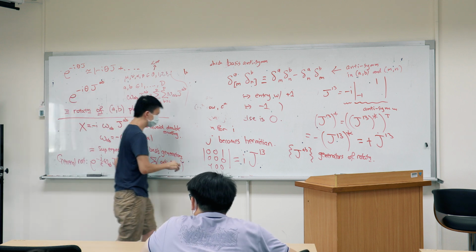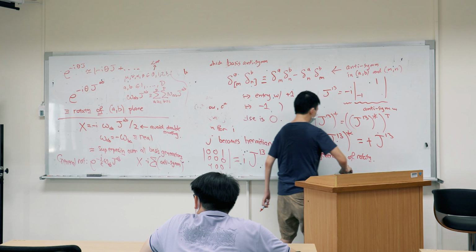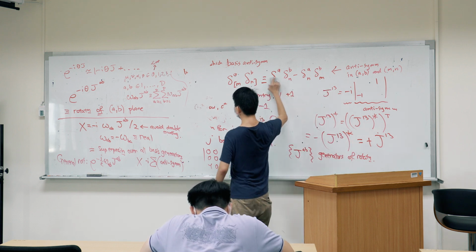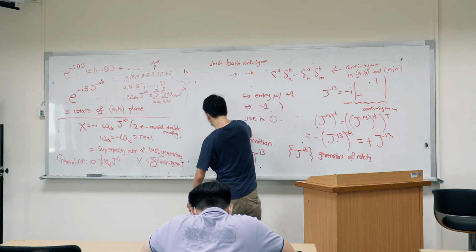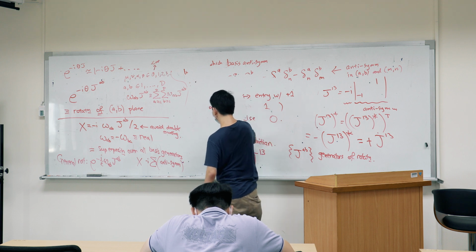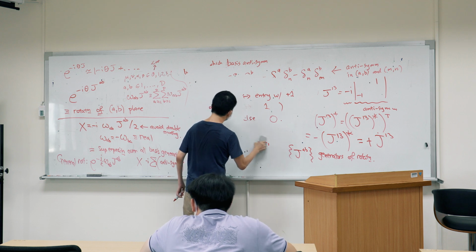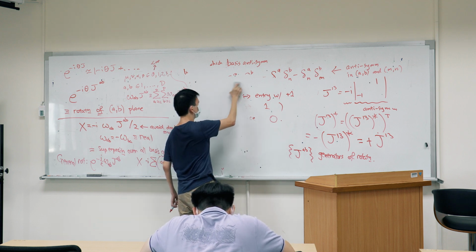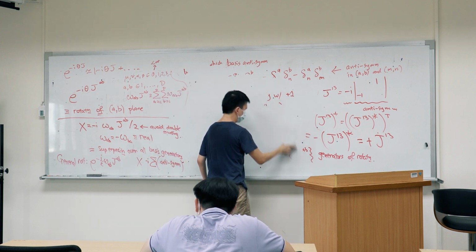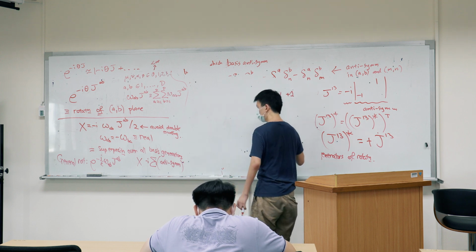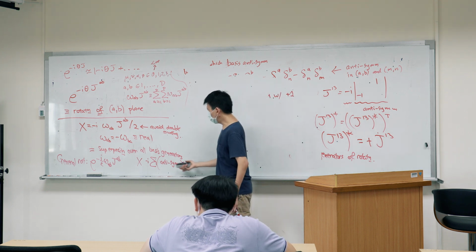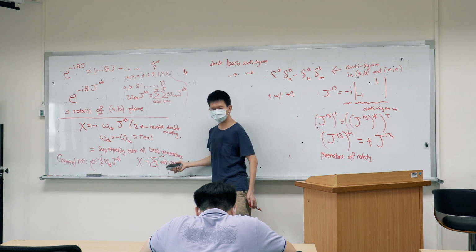Whenever it's not clear, ask me. Hermiticity is important also. In fact, you should ask me, so why do you bother? Why make it Hermitian? At this level, of course, it is just semantics, because after all, the combination is still the same thing.